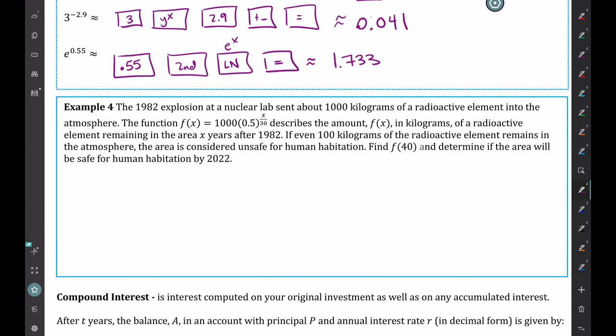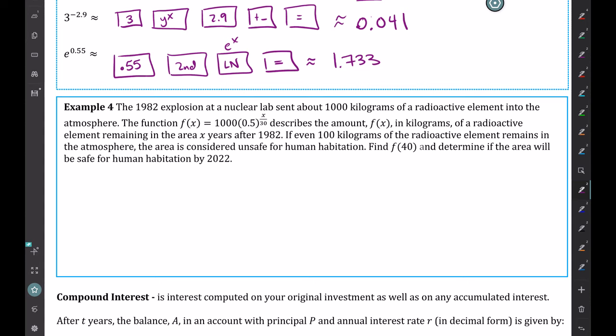Okay, so now here's example 4. It's a real-world word problem. It says that the 1982 explosion in a nuclear lab sent about 1,000 kilograms of a radioactive element into the atmosphere. The function f of x equals 1,000 times 0.5 raised to the x over 30 describes the amount f of x in kilograms of the radioactive element remaining in the area x years after 1982.